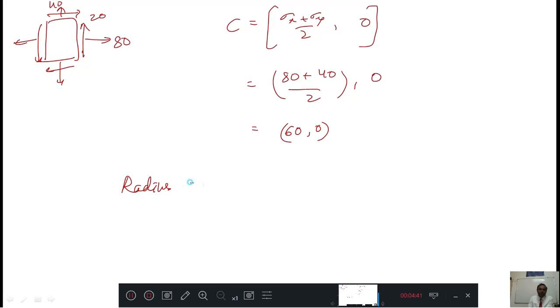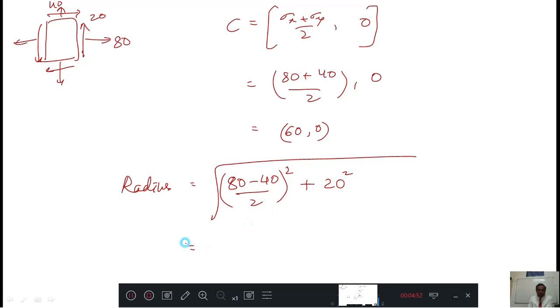Radius equals root of sigma x minus sigma y by 2 whole square plus tau square. 80 minus 40 is 40, 40 by 2 is 20, 20 square plus 20 square is 800. Root of the answer is 28.28. I got the radius.